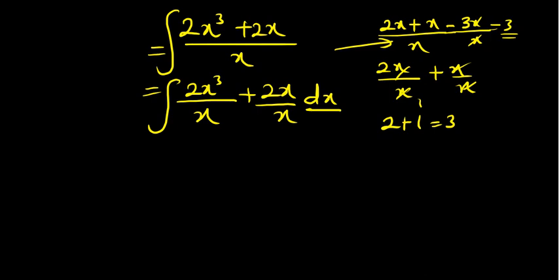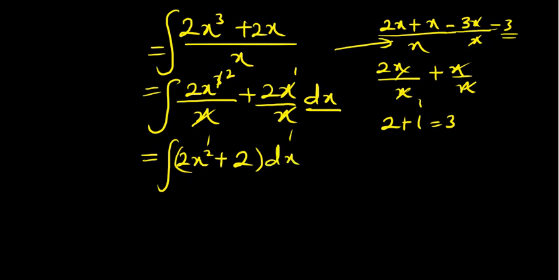How many x do we have in x cubed? It is going to remove one, so it's going to be x raised to power 2. So you now have 2x squared plus 1 times 2, so you're now having 2. This is dx.